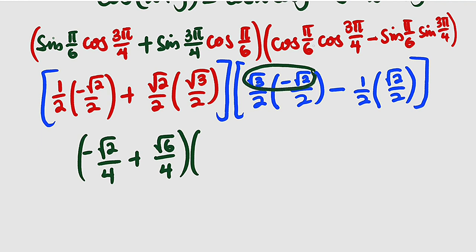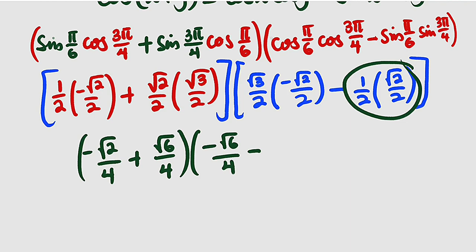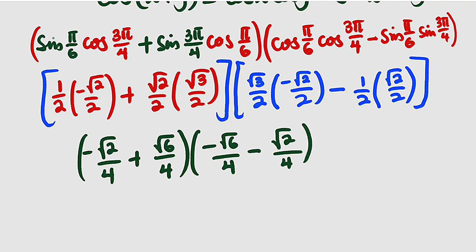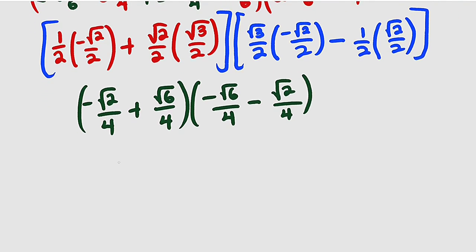If you multiply this, you're going to have negative root 6 divided by 4. Then minus, this will give us root 2 divided by 4. I can write this one as root 6 divided by 4 minus root 2 divided by 4, right?